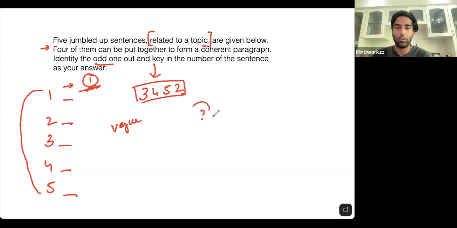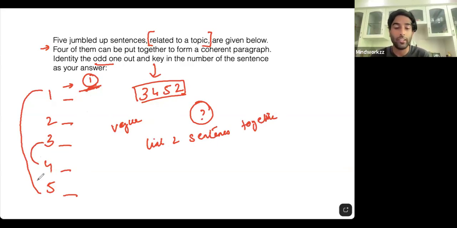And oftentimes you will find that you can link 2 sentences together. Maybe sentence 3 and 4, you feel that they should come together, they look like a good pair.